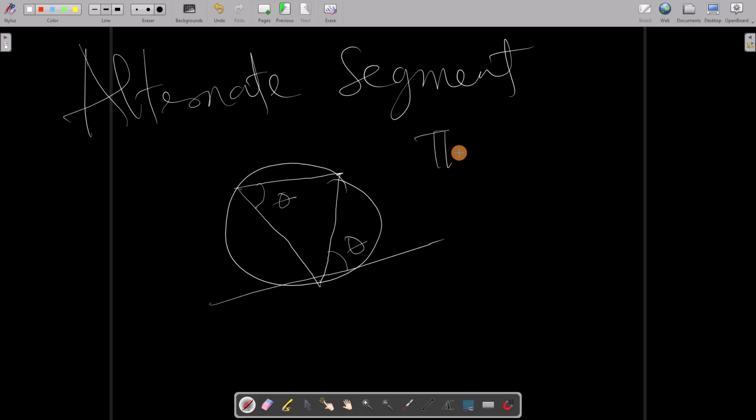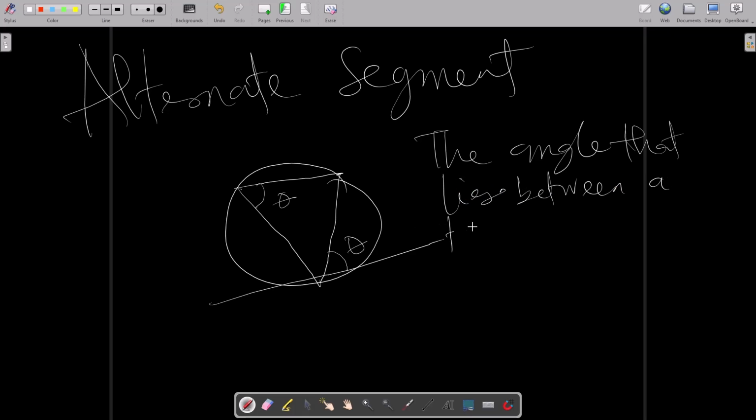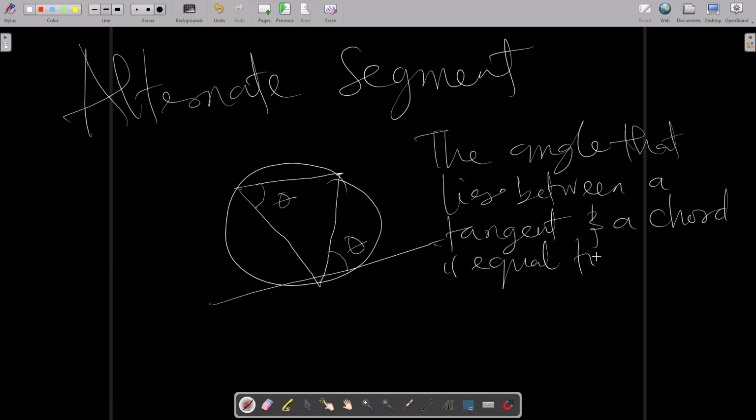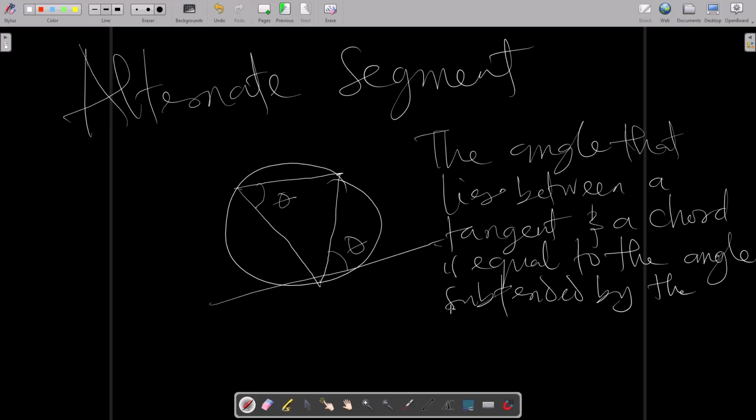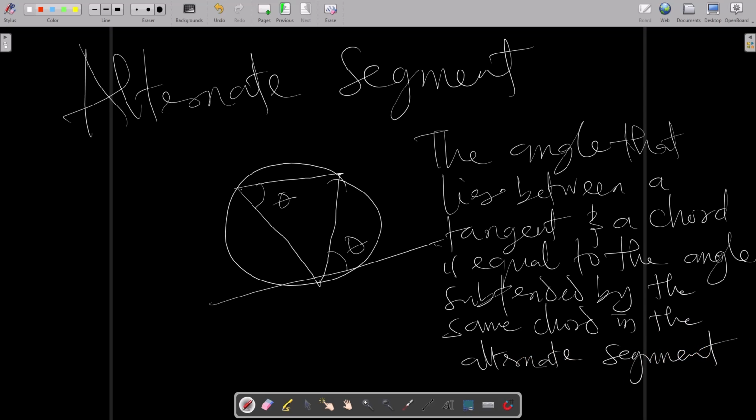It states in plain English that the angle between a tangent and a chord is equal to the angle subtended by the same chord in the alternate segment.